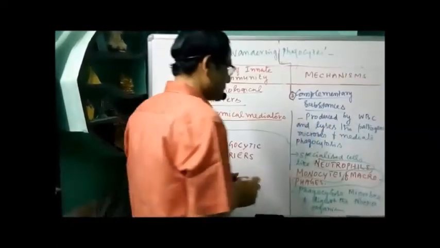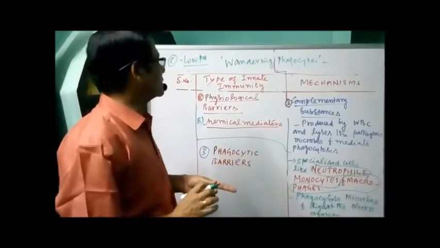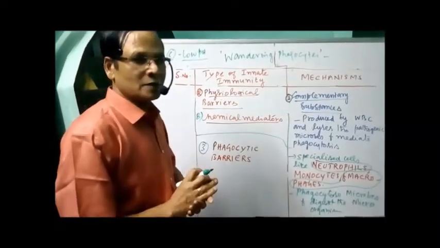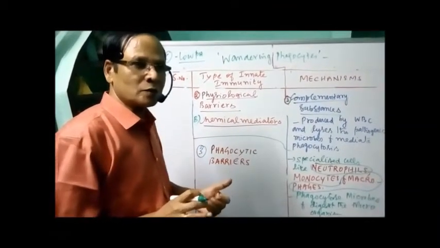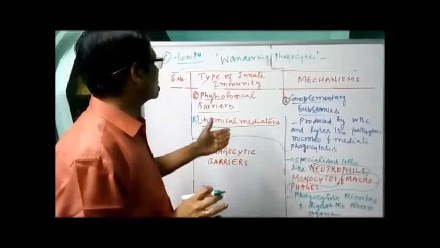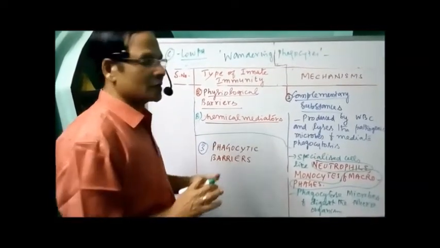They invade all parts of the body, killing the microbes, engulfing the microbes and digesting the microbes, hence called wandering phagocytes. That's about phagocytic barriers.